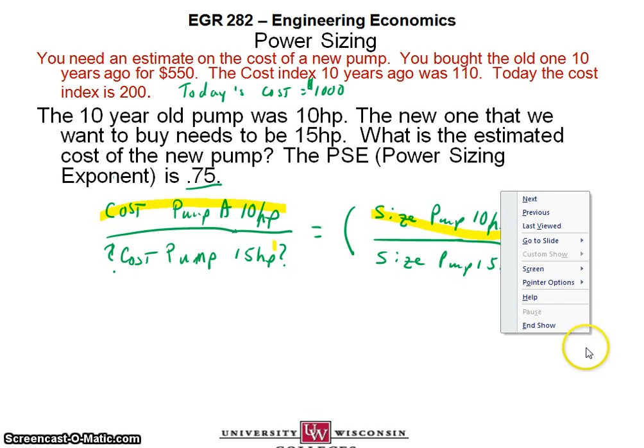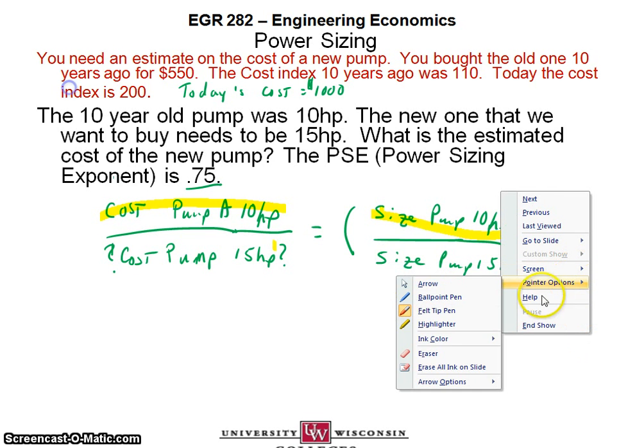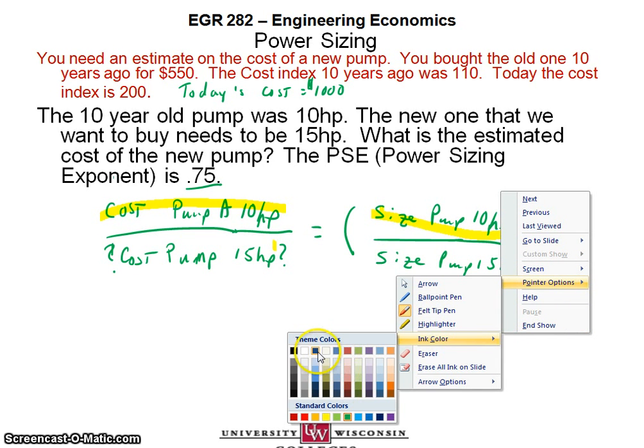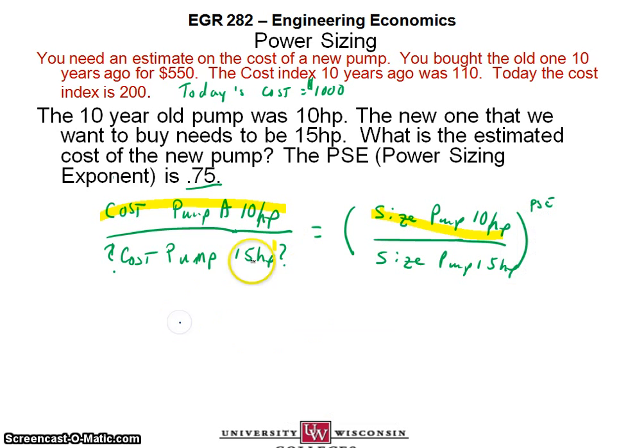Let's go back here, and now let's put in our values. So the cost of pump A was our original cost today of a 10 horsepower pump. We solved that from the first part up here, and we know that is $1,000.